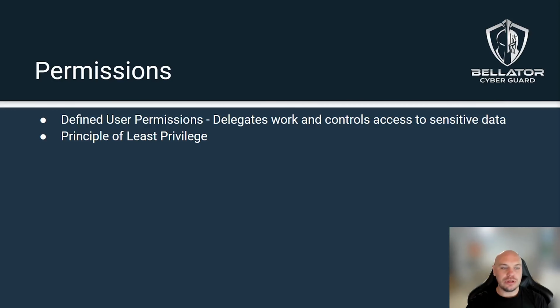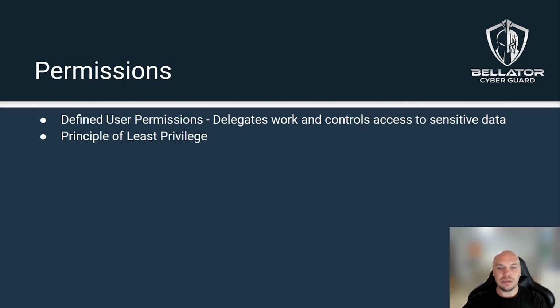Within a lot of the cloud software, there are different permissions, usually role-based permissions that you can assign to different users. The user is assigned a role, and that role has different permissions associated with it. This is good for two reasons, and it is something we should be using for two reasons. One, to delegate work.